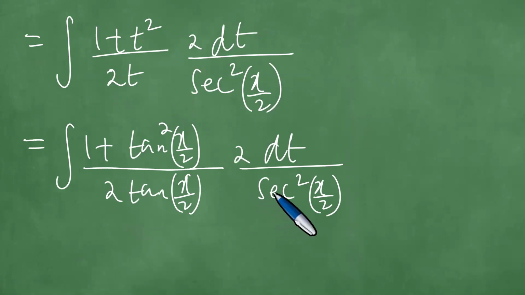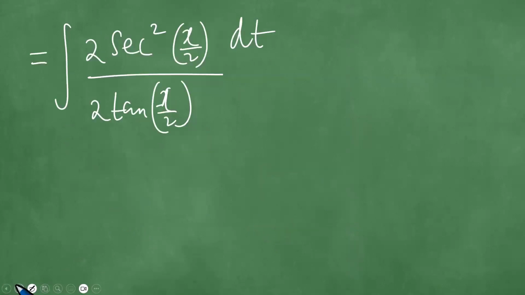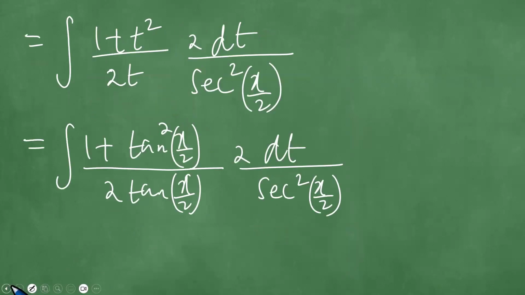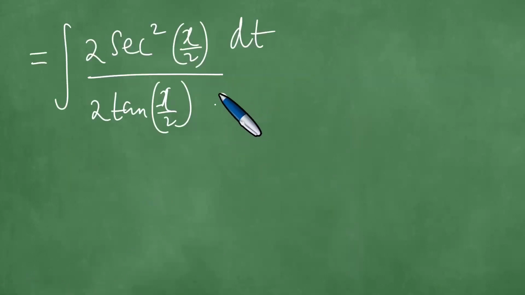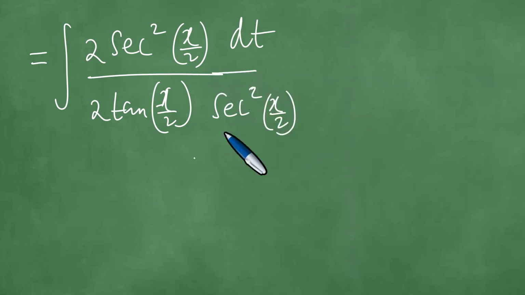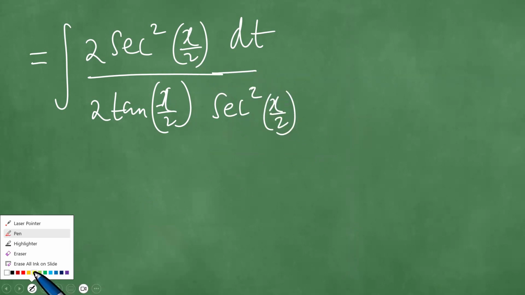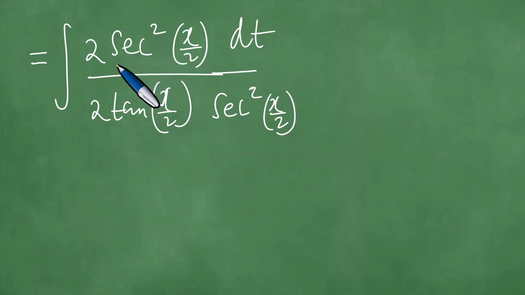And then here you have the 2 dt. Let us check this one. In the denominator, you have 2 the tangent, and then you have the secant squared of x over 2. So this cancels that.